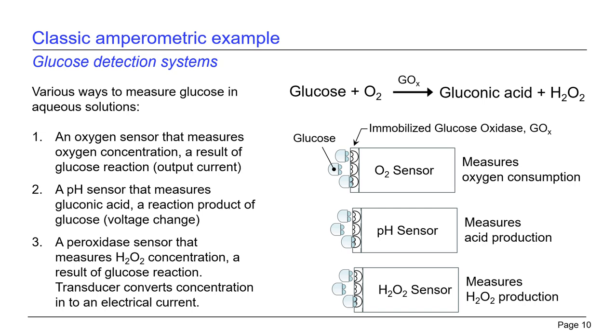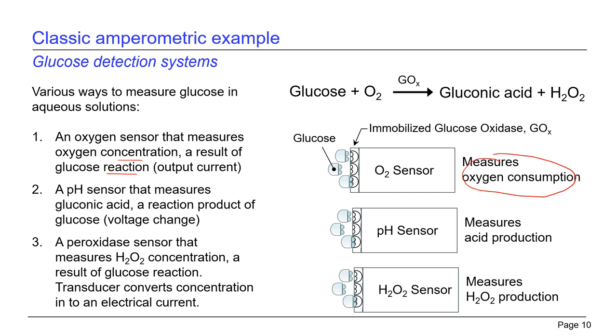Continuing on with glucose detection systems, there are various ways to measure glucose in aqueous solutions. In one form, an oxygen sensor measures the oxygen concentration that results from the glucose reaction, giving an output current. So in this version 1, we really measure oxygen consumption, and it's a proxy for the glucose levels.